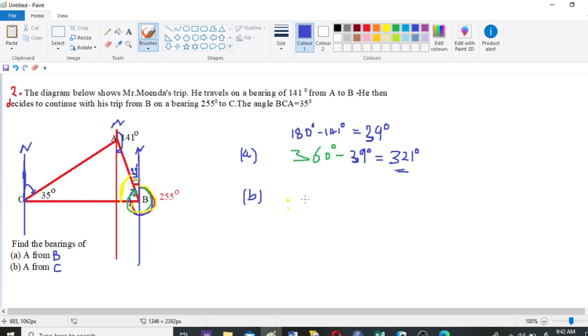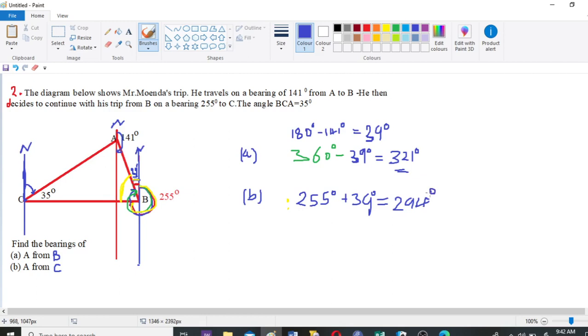255 plus 39, that is going to give you 294 degrees.